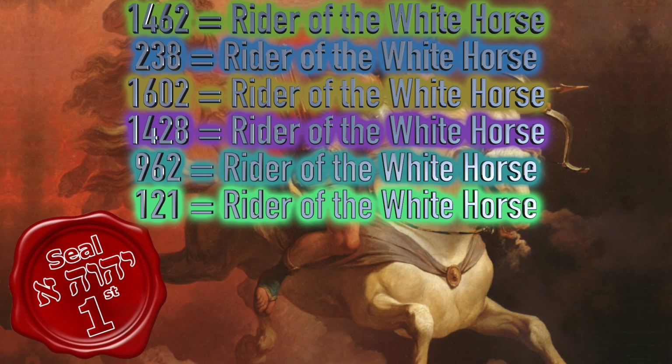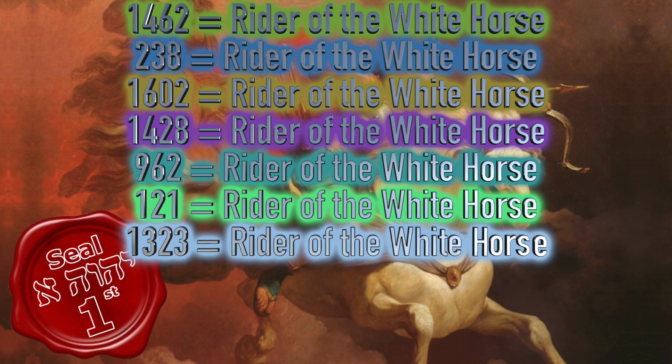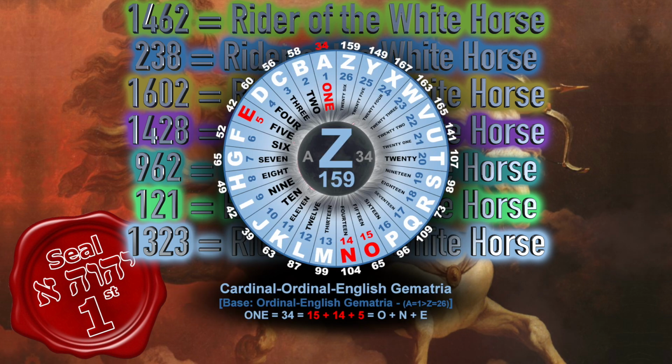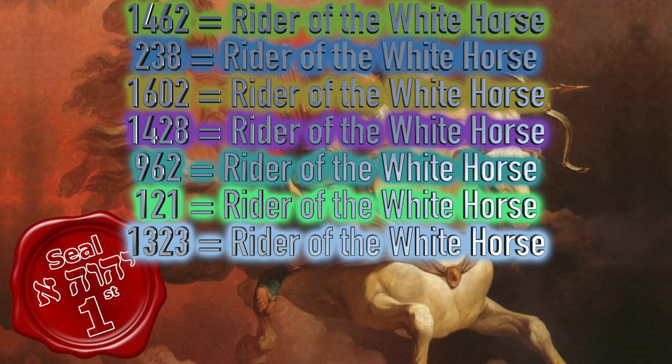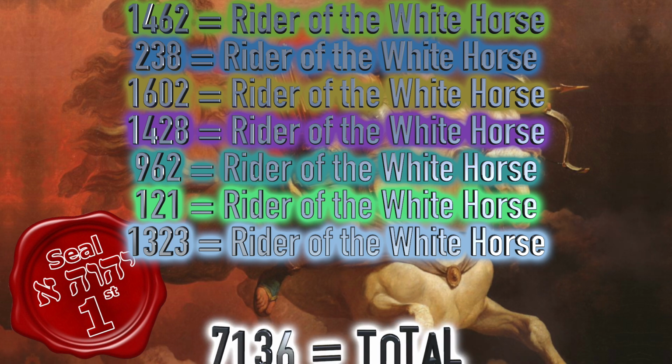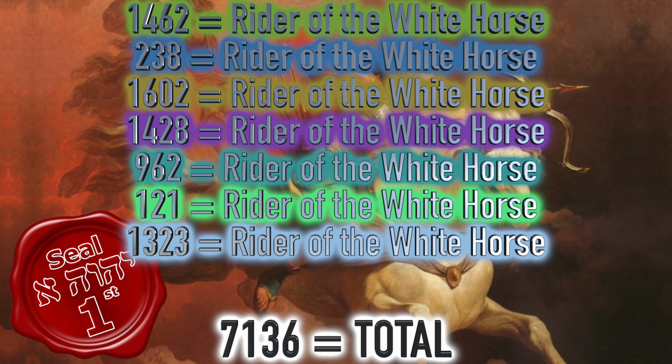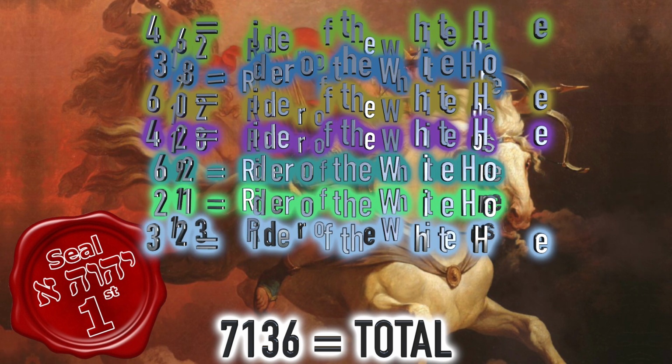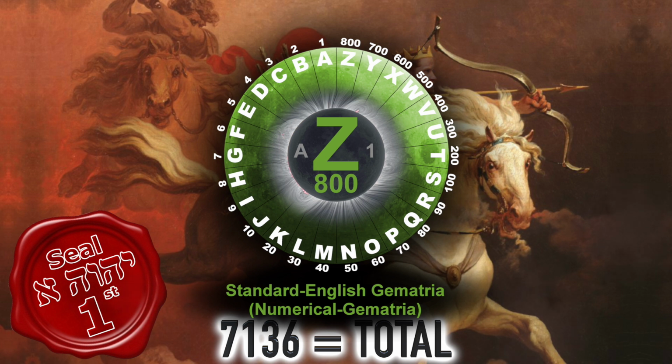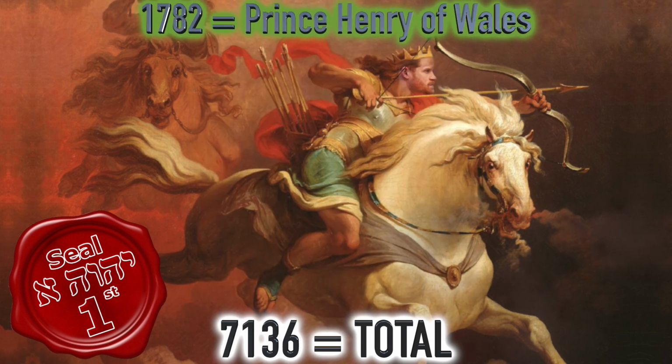If we keep the same list and add to this the value for Rider of the White Horse using Cardinal Ordinal English Gematria, which equals 1,323, we get a total of 7,136. The following combination also equals 7,136. Using Standard English Gematria, Prince Henry of Wales equals 1,782.